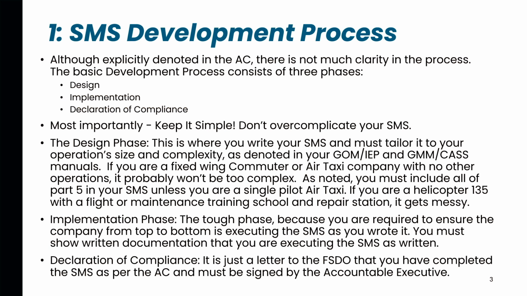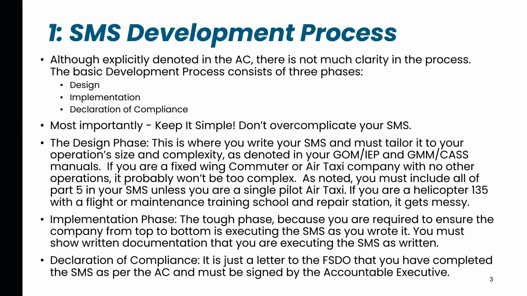But again, the most important thing you do is keep it simple. You don't want to have an overly complex SMS. You already know what you already know, so stick to it. And then the implementation phase is kind of tough, because that's when you've got to implement things. And the interfaces, as we discussed, are going to be a little bit of a struggle, so that'll probably be your most complex task.